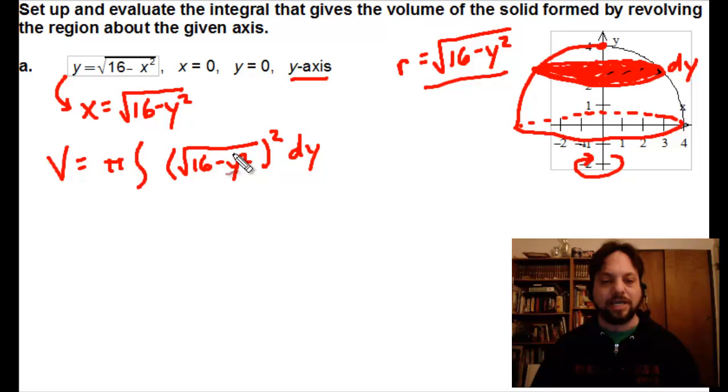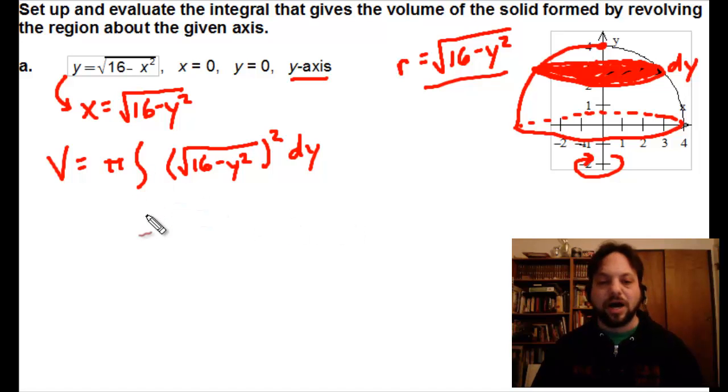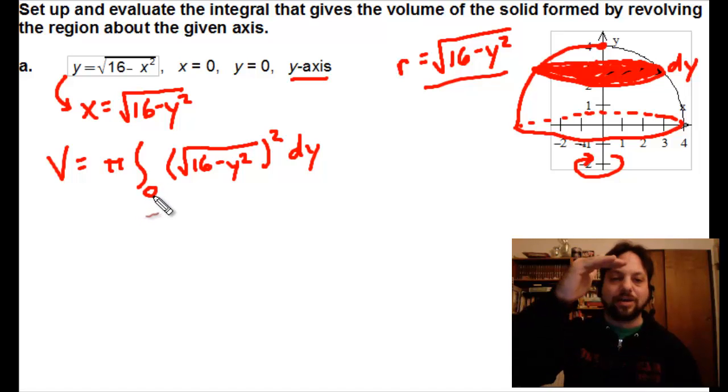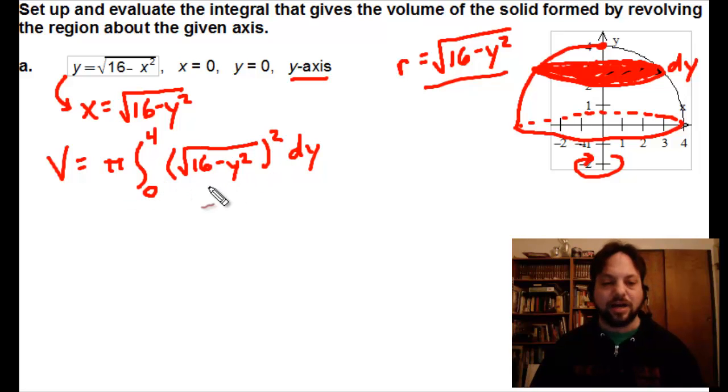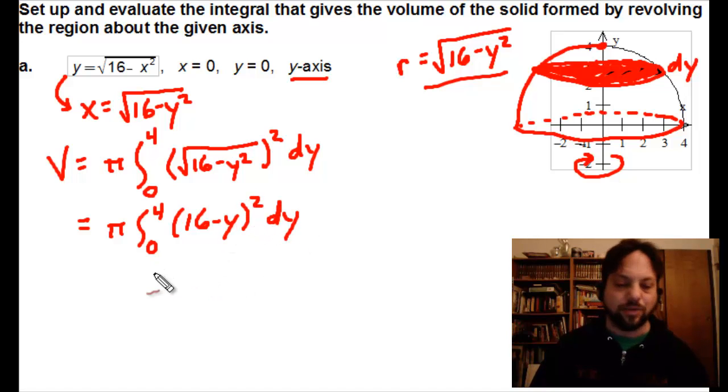There's our pi, r squared, and then dy can be the h. But it's essentially 0. Where are we going to start and where are we going to end these circles? They're going to start at the bottom, where y is 0, and they'll end at the top, where y is 4. And if you notice, we can simplify this right off the bat. Because we have the square of a square root, we can simply call this 16 minus y squared dy.